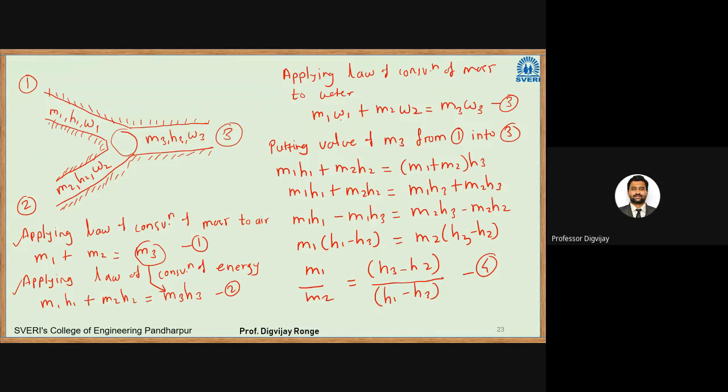So I will get M1 W1 plus M2 W2 equal to M3 W3. So that will be my equation number 3. Now what I have done here is put this expression of M3, that is M1 plus M2, into this expression. And after simplification, I get this ratio. So M1 upon M2 will be equal to H3 minus H2 divided by H1 minus H3. Okay, so write it down.